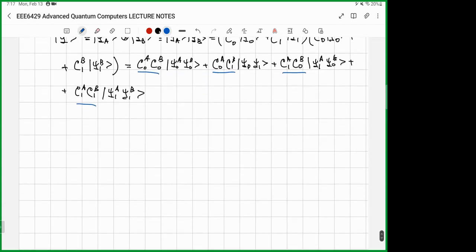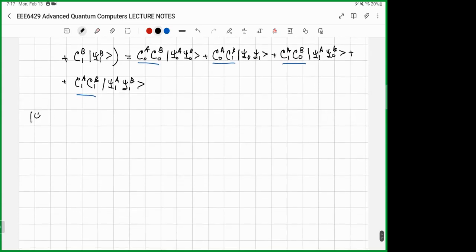So in this basis, I can write the resulting vector psi as a column vector of these elements: C0A C0B, then C0A C1B, then C1A C0B, then C1A C1B, right?